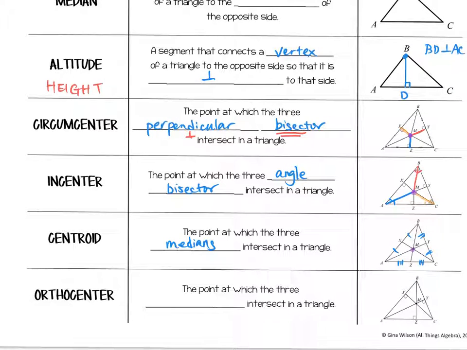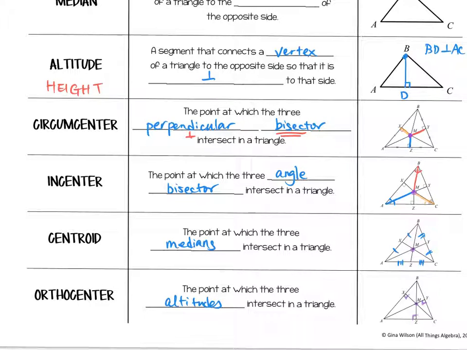Finally, there's orthocenter. Orthocenter is the point at which the three altitudes meet. That's pretty self-explanatory, and I'm not going to go through it again, but notice that all the altitudes meet at one point as well.